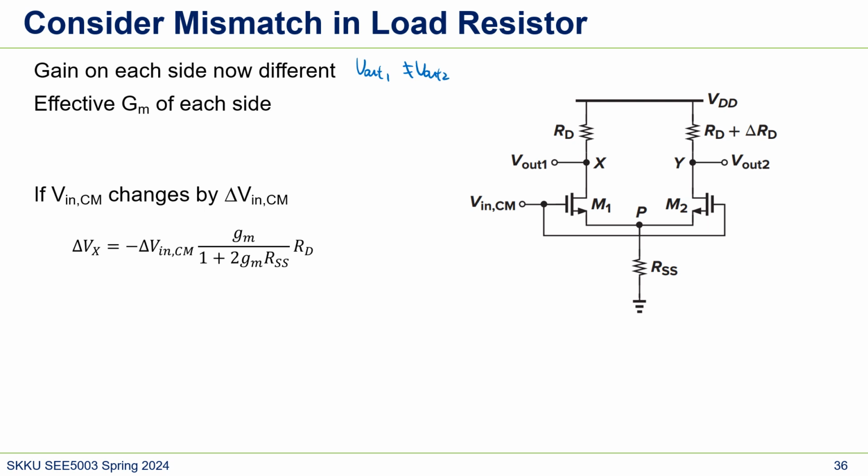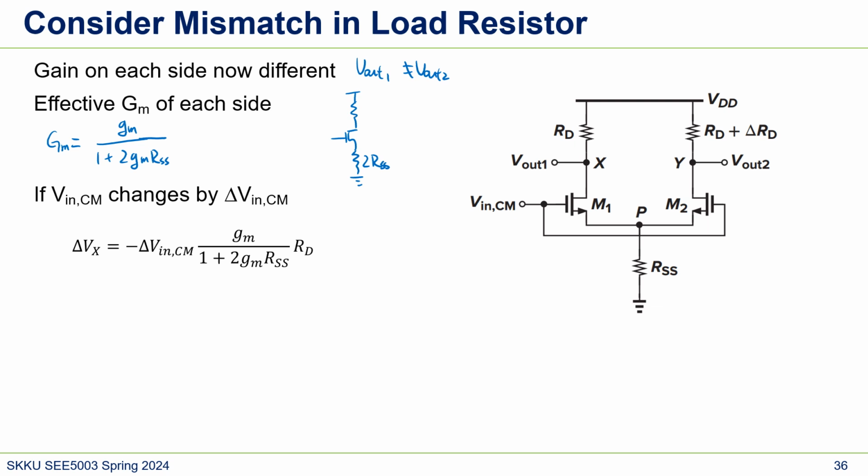And we calculate the effective GM on each side. What we did was divide it by 2, split it, and then we put a 2 RSS, right? So with that, the effective GM on each side is GM over 1 plus 2 GM RSS. Of course, the GM can be either 1 or 2, right?